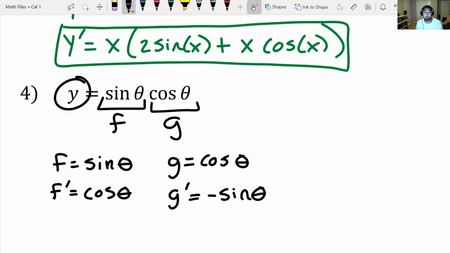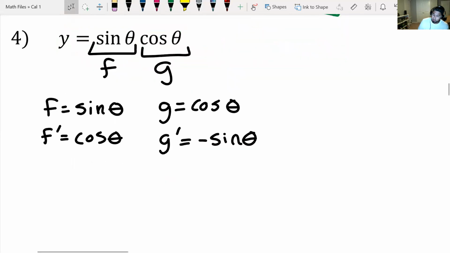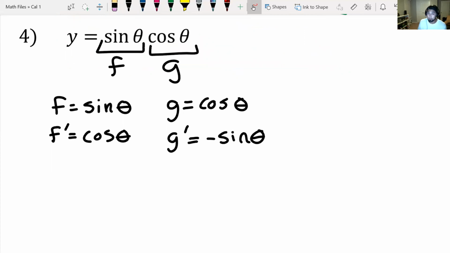We're taking the derivative of y with respect to theta. So I'll play around with notation again. We'll say dy over d theta and follow your product rule.